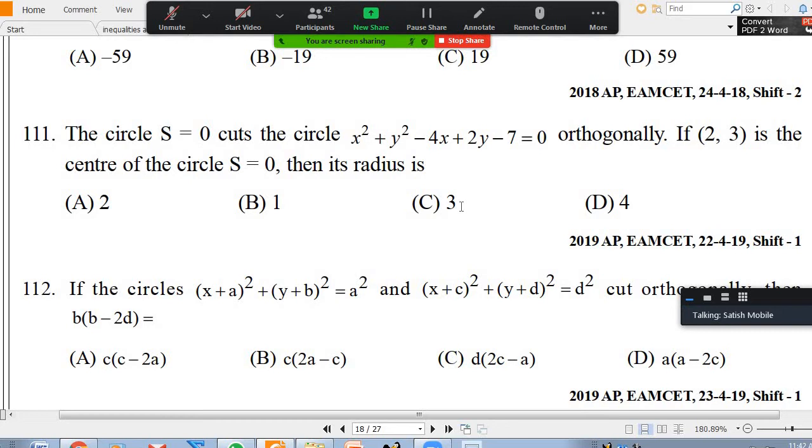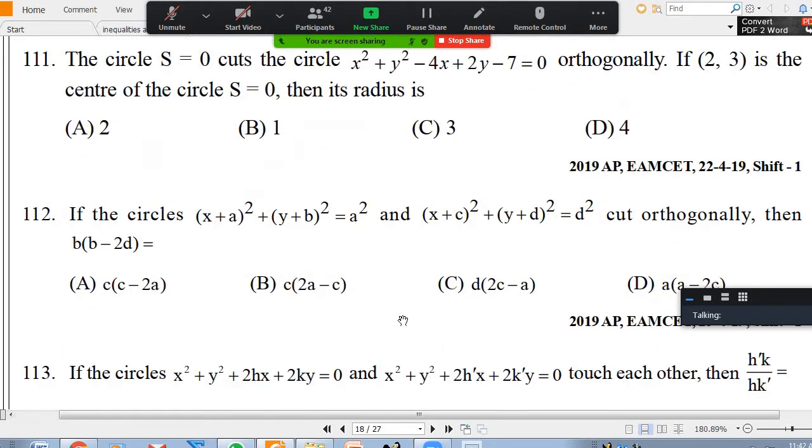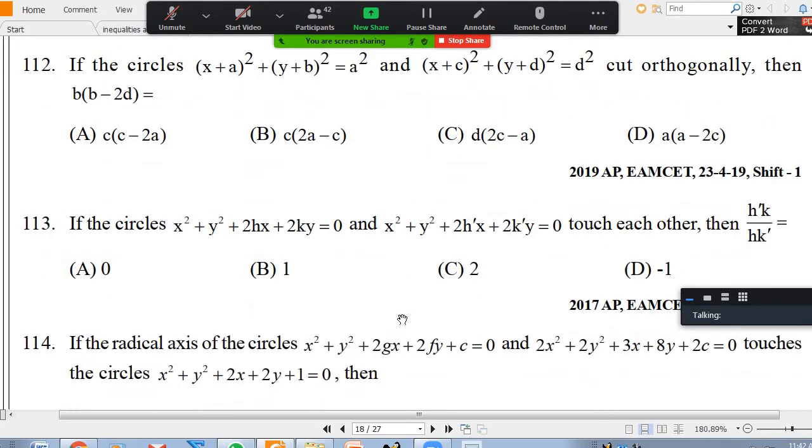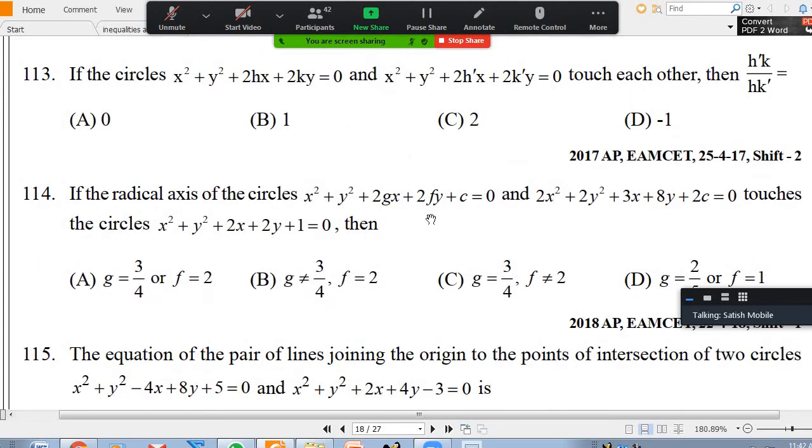From 2, 3, you find the length of tangent to the circle, and that should be the radius. Because we discussed, whenever two circles are intersecting orthogonally, from the center of one circle you find the length of tangent to the other circle, and that will give the radius of the first circle. In between, the touching condition also, I'll come back to that, how to do some questions there.